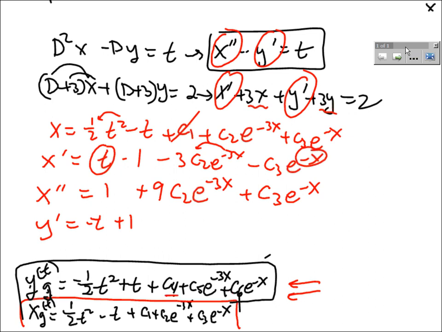The derivative of c4 is 0. The derivative of that will be negative 3c5 e to the negative 3x. The derivative of that will be negative c6 e to the negative x. Now, if I multiply the left side by negative, I have to change all the signs.